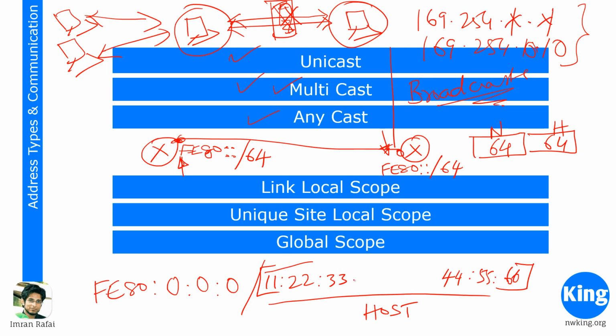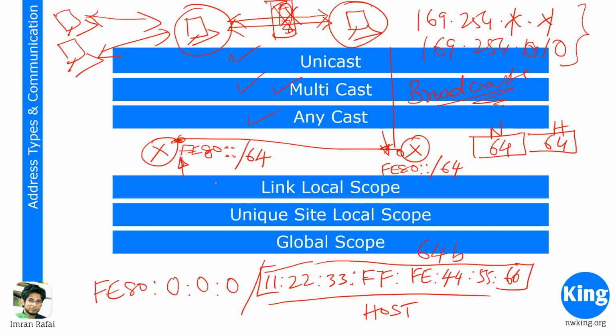How it generates is, it takes the MAC address, it breaks it into 2. So you have 6 hexadecimal digits on the left and 6 on the right, and in between it adds FF and FE. So it adds this FF and FE and it creates a 64-bit block for the host IP address. Now you know this part, 11:22:33:44:55:66, is a MAC address, and the MAC address is unique for every device.